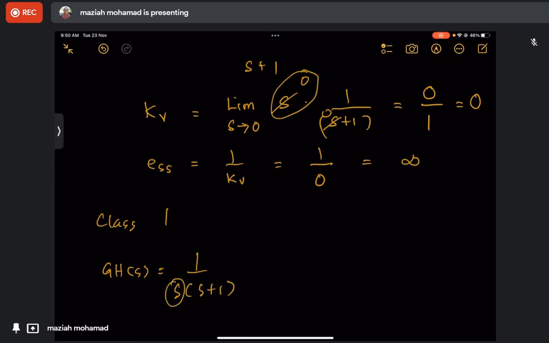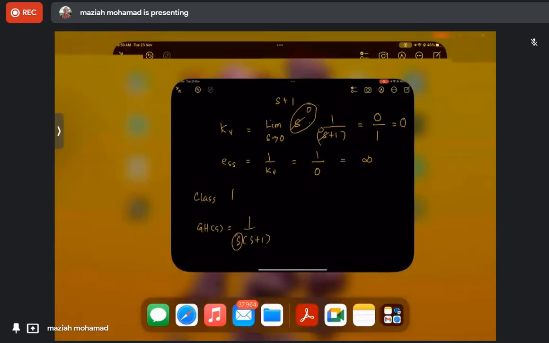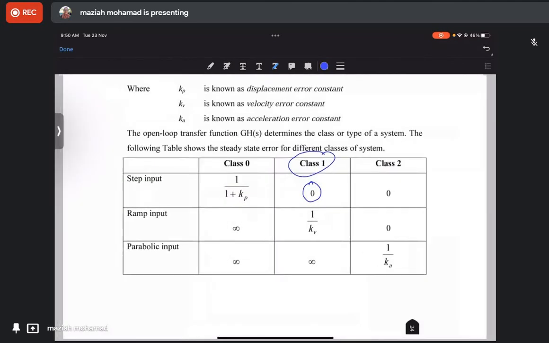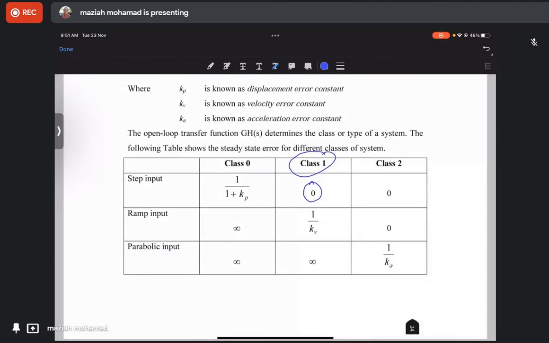So therefore it will have 1 over a value. So that's why the error will become 1 over Kv, a value. Okay, and then it becomes similar to the parabolic input. Meaning you'll be able to prove this table.